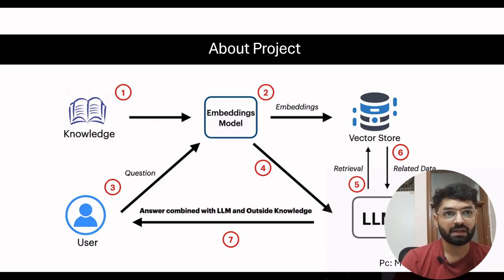Along with your related data or context and your user queries, this information then goes to the LLM, the language model, and then the language model understands the context, and based on that context, it forms the answer to the user's query and gives the response to the user.